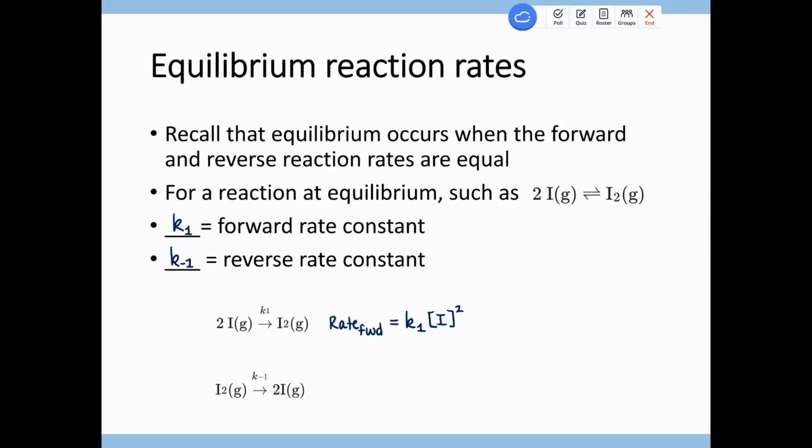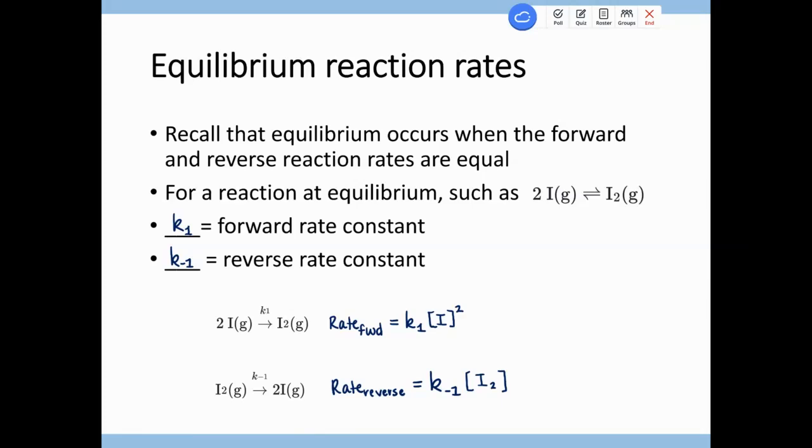The rate of the reverse reaction, we have a different equation here. k with a subscript -1 to indicate this is the rate constant for the reverse reaction, times concentration of diiodine.